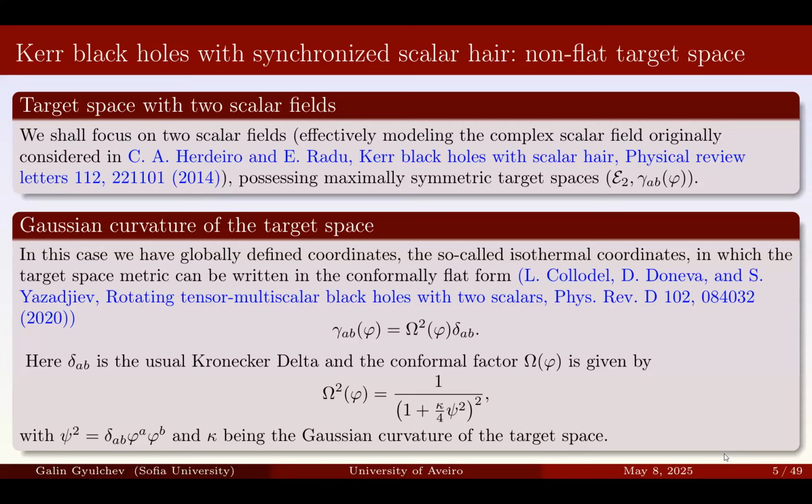In this way, taking into account the symmetries and representing the metric of the target space in this form, we can introduce the Gaussian curvature of the target space as a parameter.